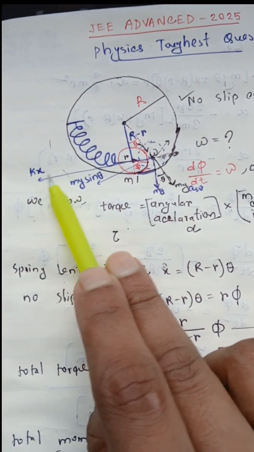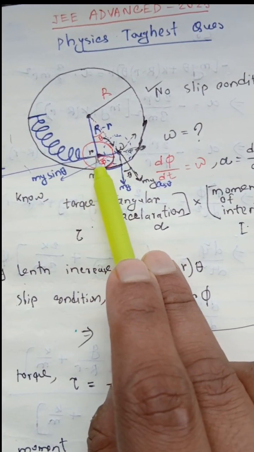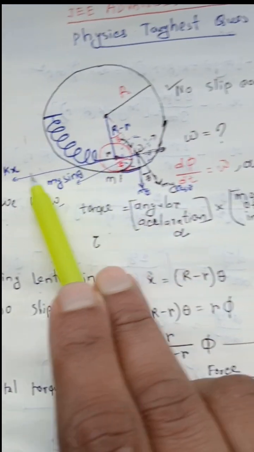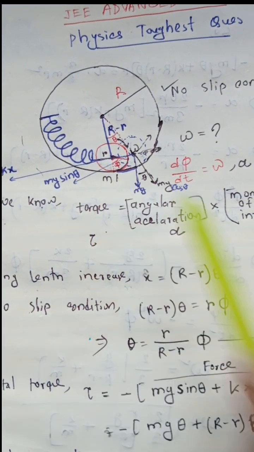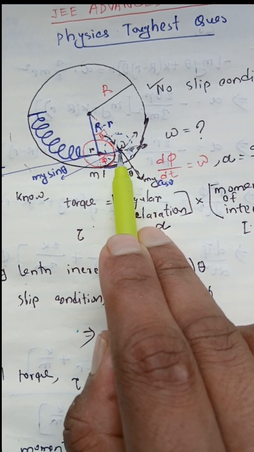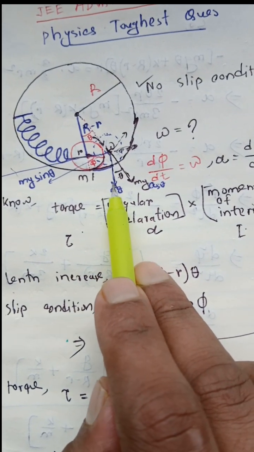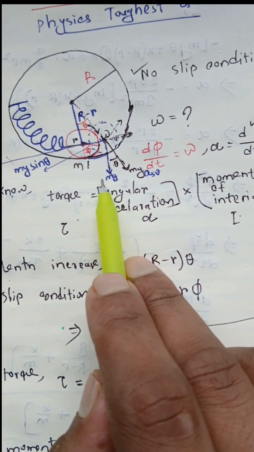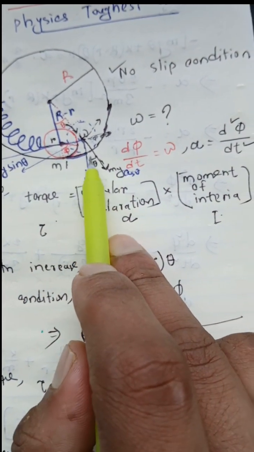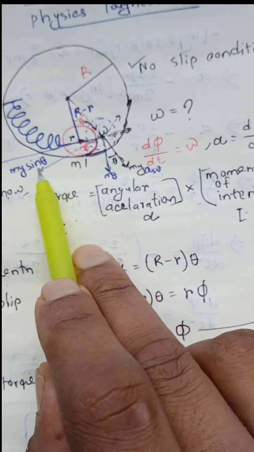The elastic force is kx, in the inner direction, if the small disc goes from this point to this point. X is the increase or extension of the spring length, and the weight, with mass m, is mg in the vertical direction, and this angle is theta. So this is mg cos theta, and the other part is mg sin theta.